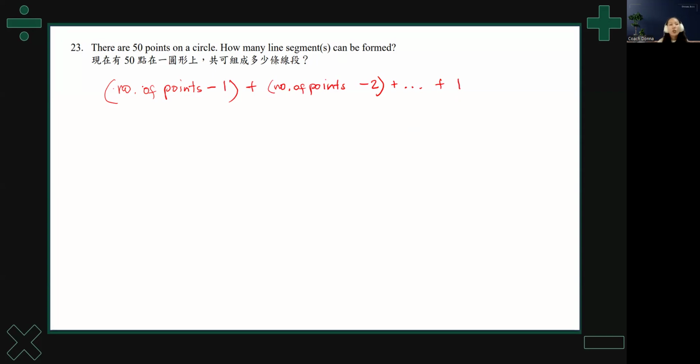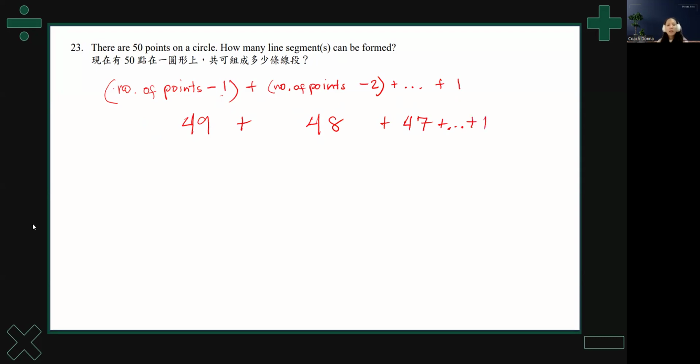So from 50, minus 1, that's 49. 50 minus 2, that's 48. Plus so on, okay? So 47, 46, and so on and so forth until we end up with a 1.